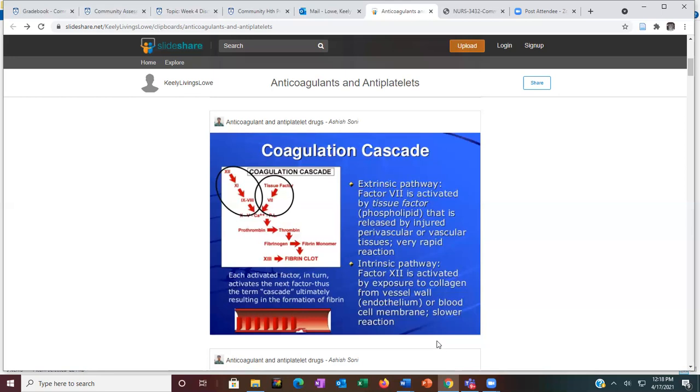So if we make the blood a little bit thinner, or we prevent this clotting from happening for a longer period of time, we're less likely to have those clots happen before they can move from the atrium to the ventricle. So we can see there are different pathways that may be interfered with, and different medications affect different parts of the cascade, okay?